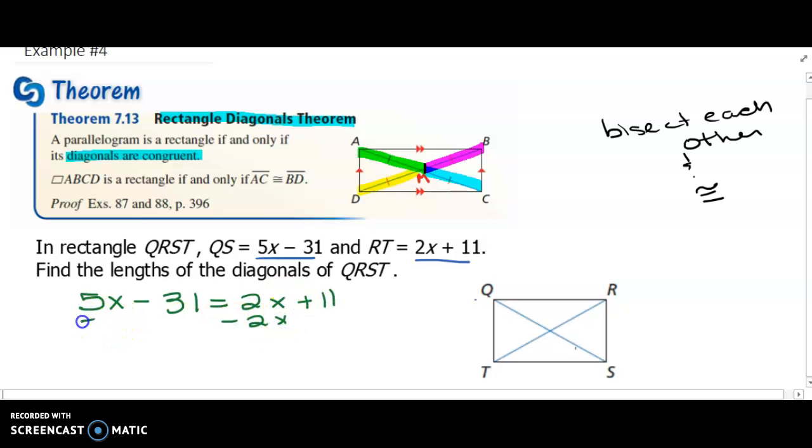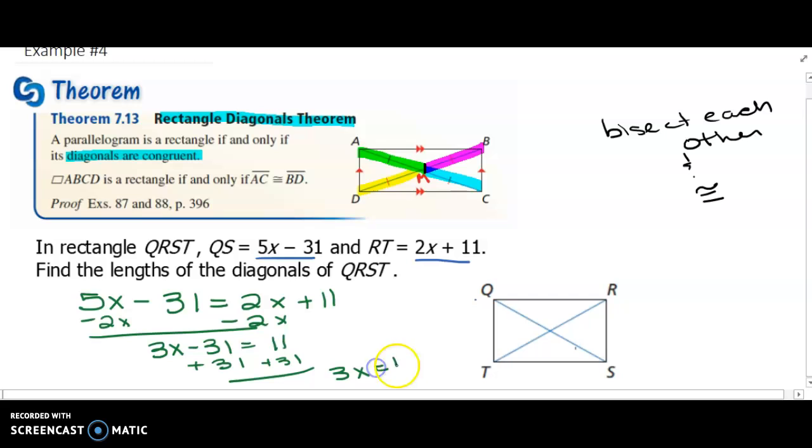Minus 2x on both sides. I get 3x minus 31 equals 11, plus 31. I get 3x equals 42. Divide by 3, divide by 3. And I'm left with x equals 14.